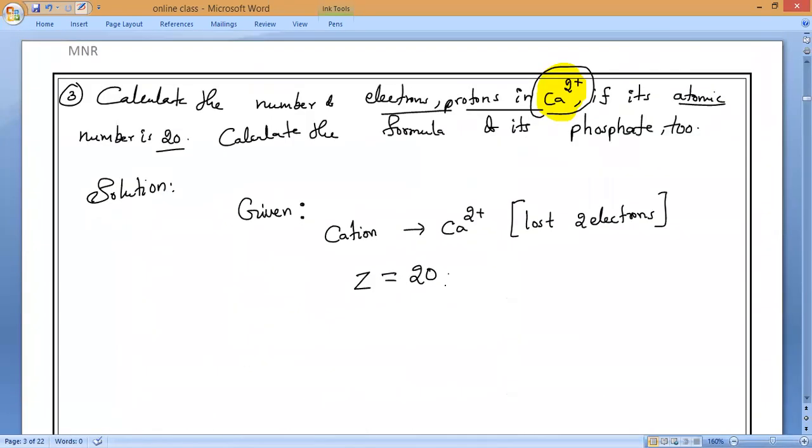Now the question they are asking is to find the number of electrons in this ion. Ion means we have to remove the electrons or add the electrons? Positive, check it here. In this ion, we have to find the number of electrons. So what do we have to do?